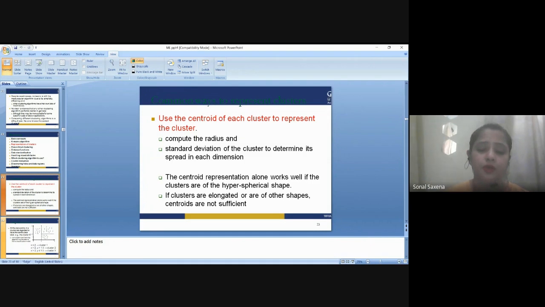Let us assume the clusters are not approximately spherical, circular or hyperspherical. In that case it would be very difficult to find the centroid, because the centroid is considered to be that point which, according to the mathematical rule, has equivalent distance from all the data points. But if the cluster is not of that spherical shape, then it would be very difficult to find the equivalent distance. So this is one case that we can consider.